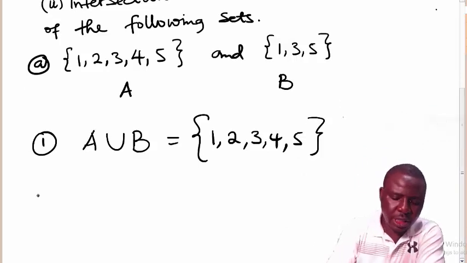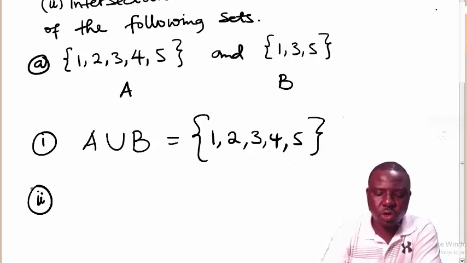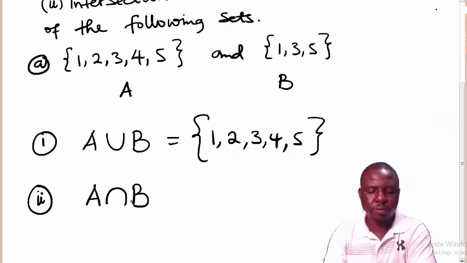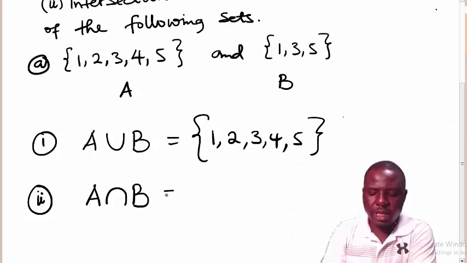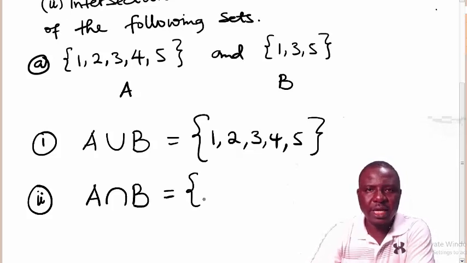2 says we should find the intersection of set A and B. That is A intersection B. A intersection B is equal to, remember, the intersection of two sets are those elements that can be found in A and B only.